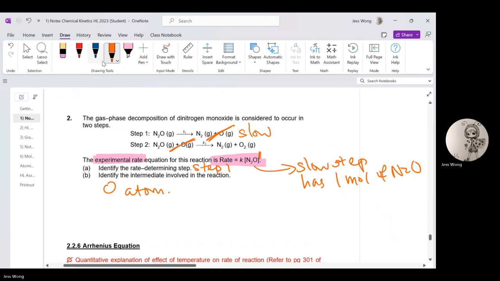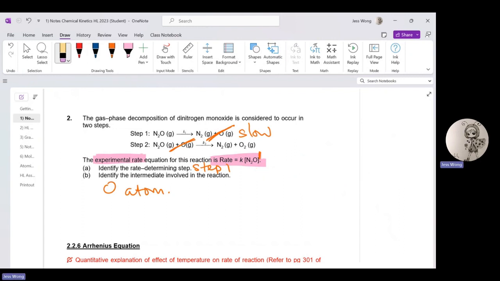All right. If you have a rate equation like this, what we can say is that besides being first order, we can also describe it as a unimolecular step. So the rate determining step is unimolecular.